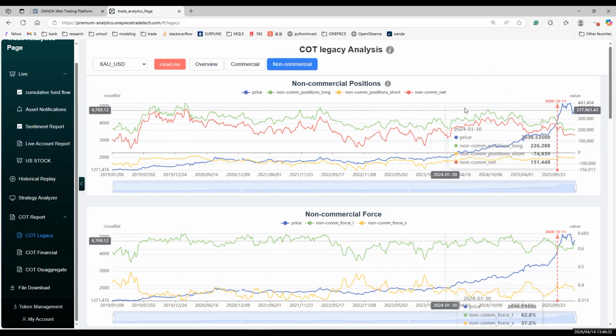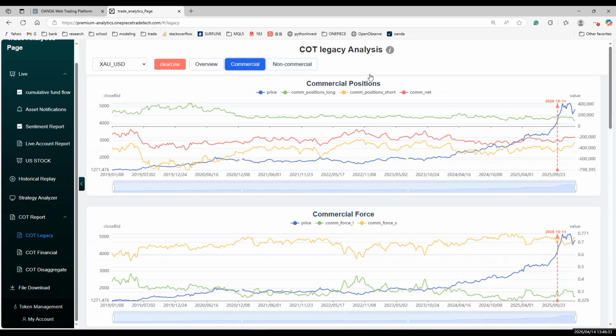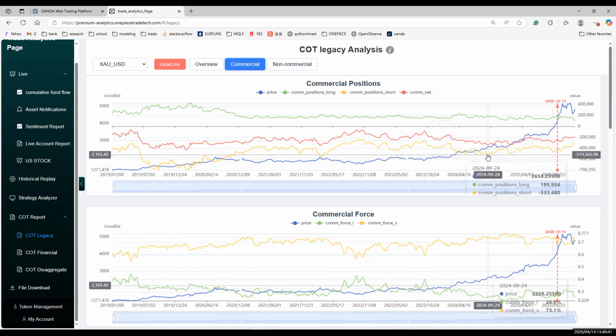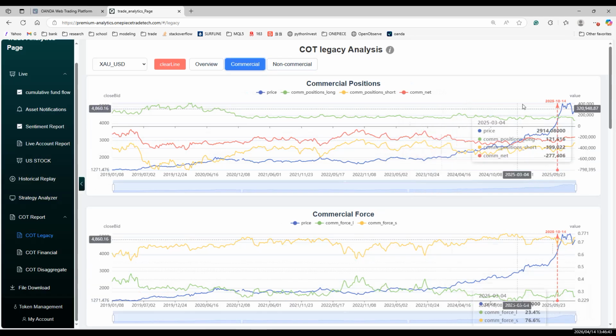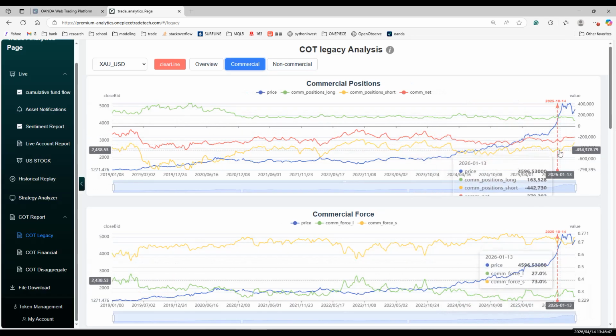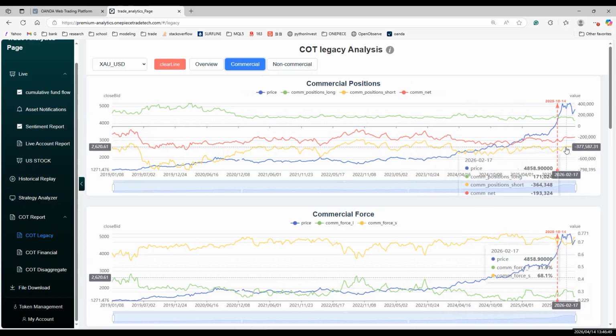And for the commercial side, we also see a decrease in the commercial short, and this makes sense.